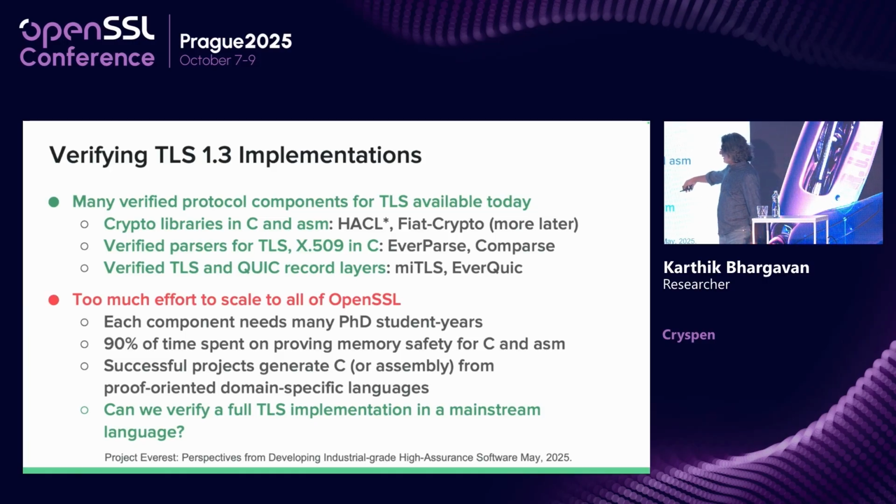So what ends up happening is that most of the successful projects which have landmark results don't actually verify the C code from OpenSSL or the assembly code from OpenSSL. There are a couple of projects which do that, but mostly we don't. Instead, they define a domain-specific language for which proofs are easy to do, and from which they generate C or assembly. And doing that, you can do a lot more, a lot faster, and you don't basically destroy PhD students.